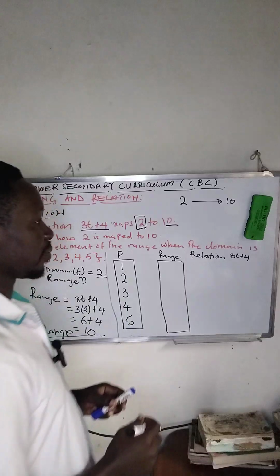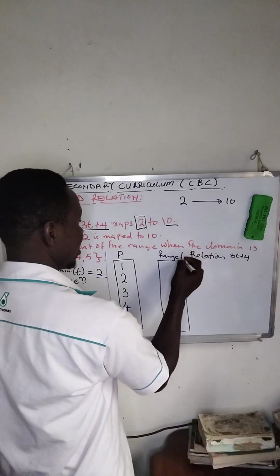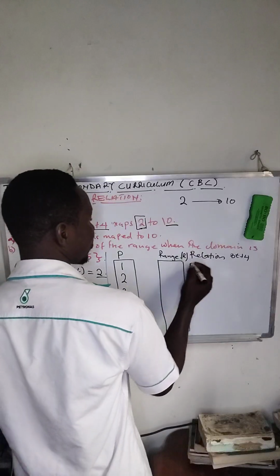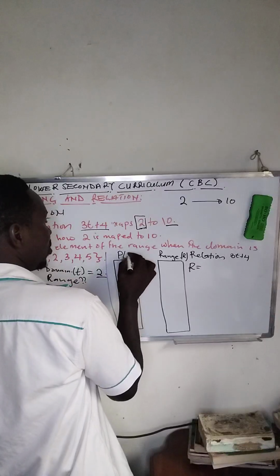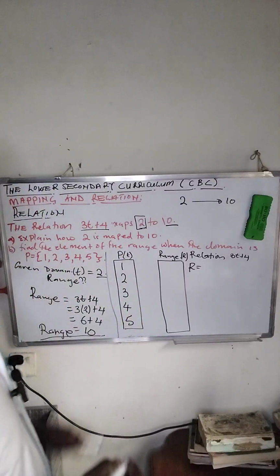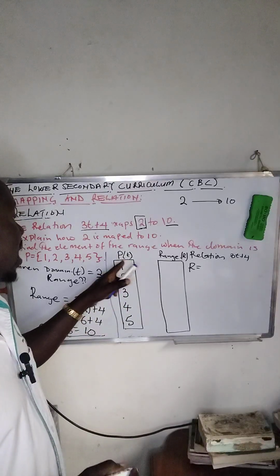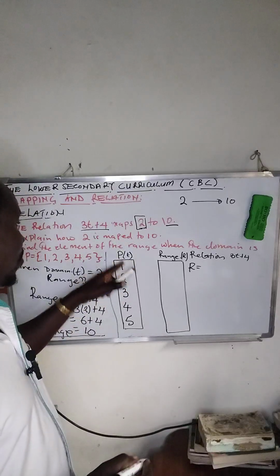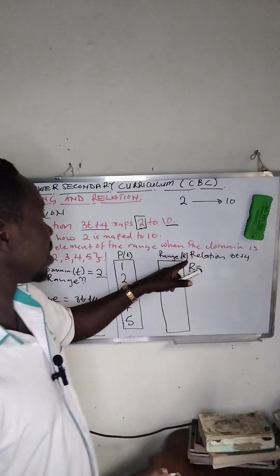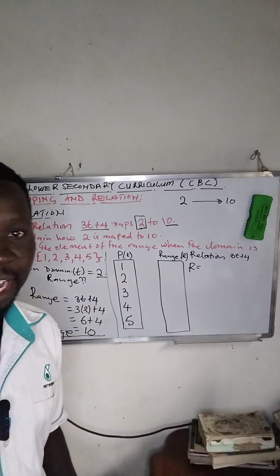Are you seeing that one? It means to obtain the value of r, let us just say this is r, the range is the same as feeding the value. Now this one, the p, we are going to use the values here in t. Where p gives us the domain, it means where there is t, we are going to place the values of p just to come up with the range r, and we are going to obtain the answers here altogether.